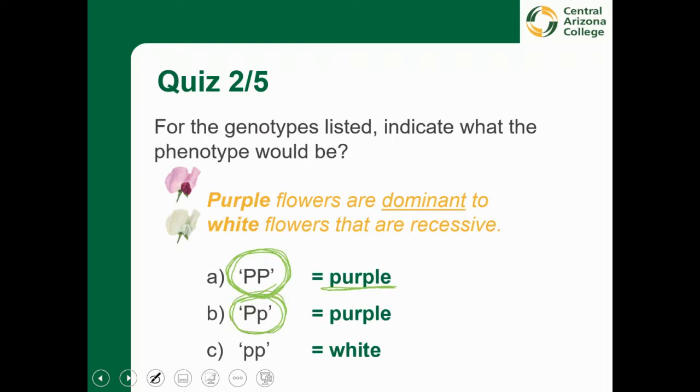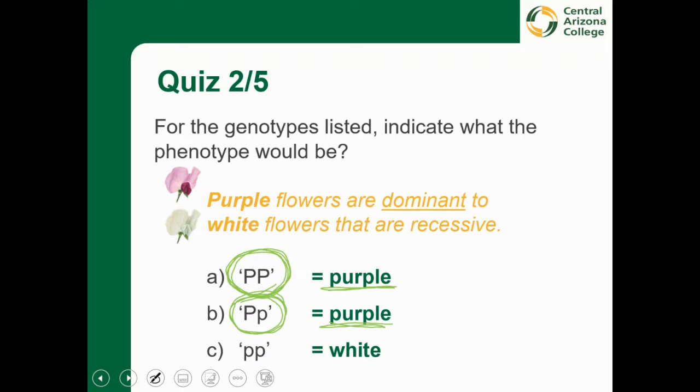So there's going to be one capital P for the dominant trait and one lowercase p for the recessive trait. Remember that as long as there is at least one dominant allele, that's the characteristic that we will see. So we will again end up seeing purple flowers.